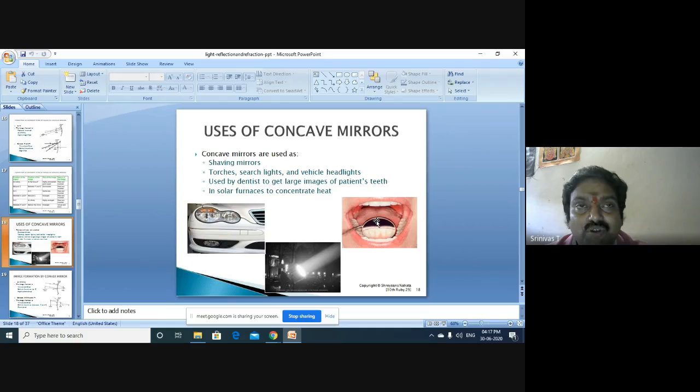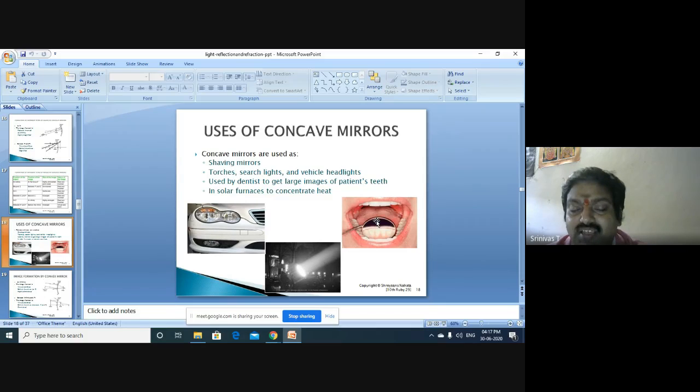Particularly, concave mirrors are used as shaving mirrors, and in torches, searchlights, and vehicle headlights, it is only a concave mirror that will be there. It is used by dentists to get large images of the patient's teeth, and finally in solar furnaces to concentrate heat.